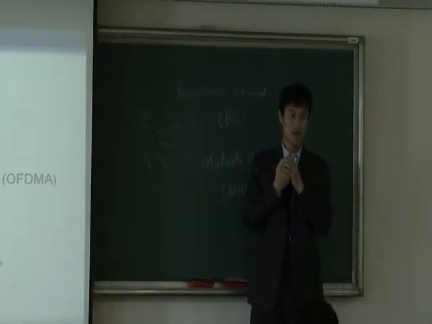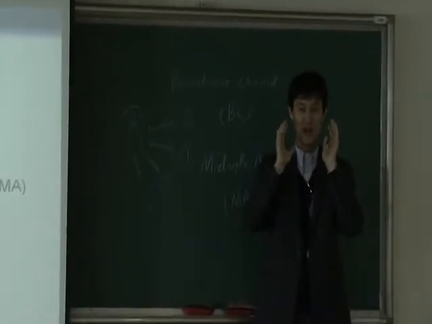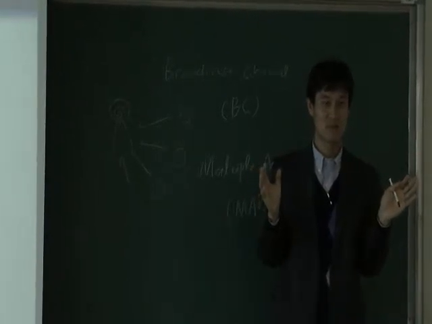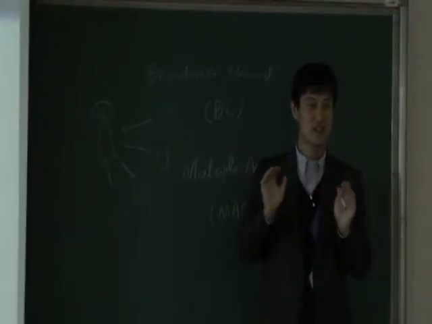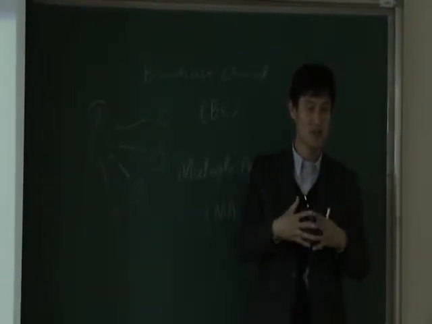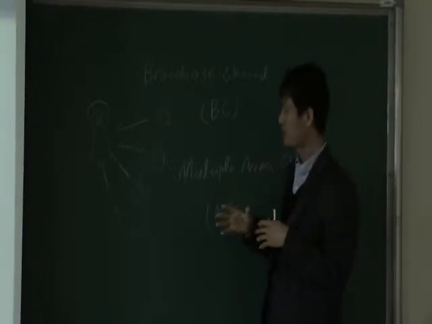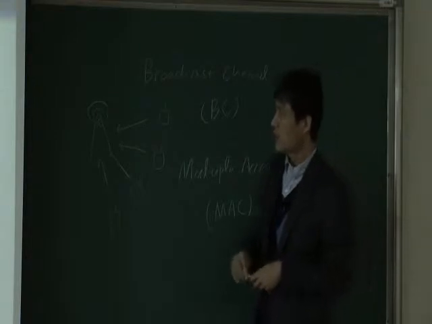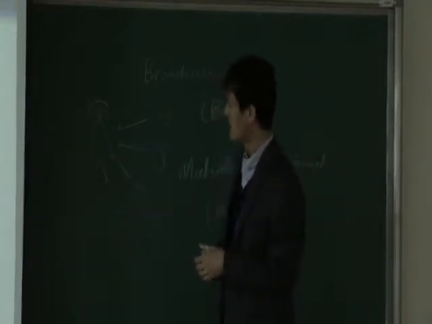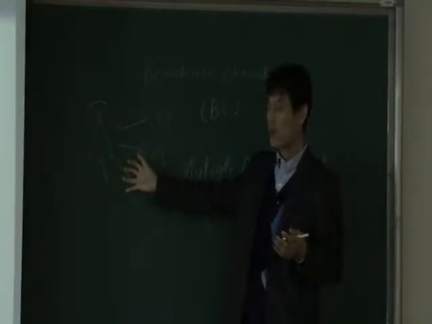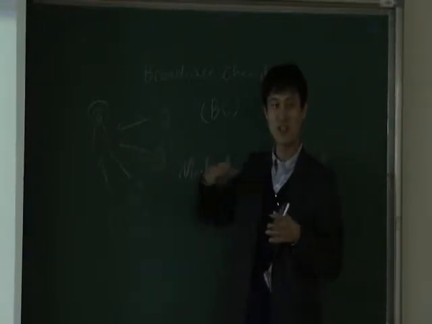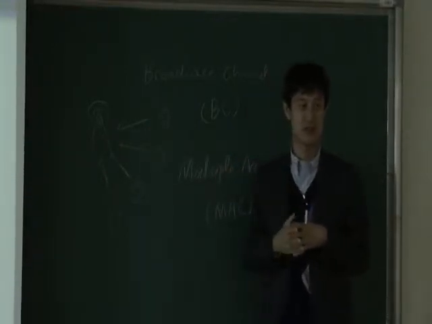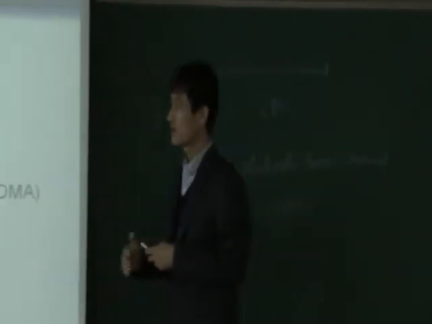Then when I hear everyone, I understand nothing because it's all mixed together, right? That's the main problem of multiple access. So now what we are trying to talk about here is, given that condition, how this base station can distinguish each user's signal. That's all about it, right? Multiple access.